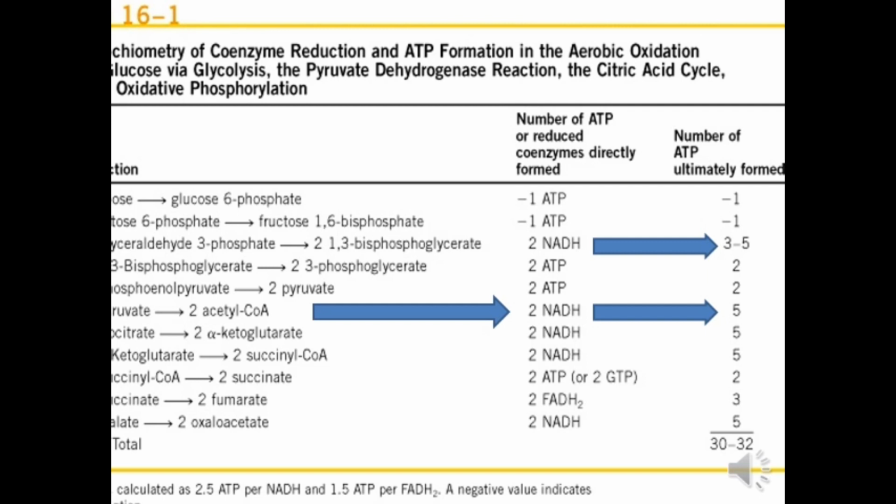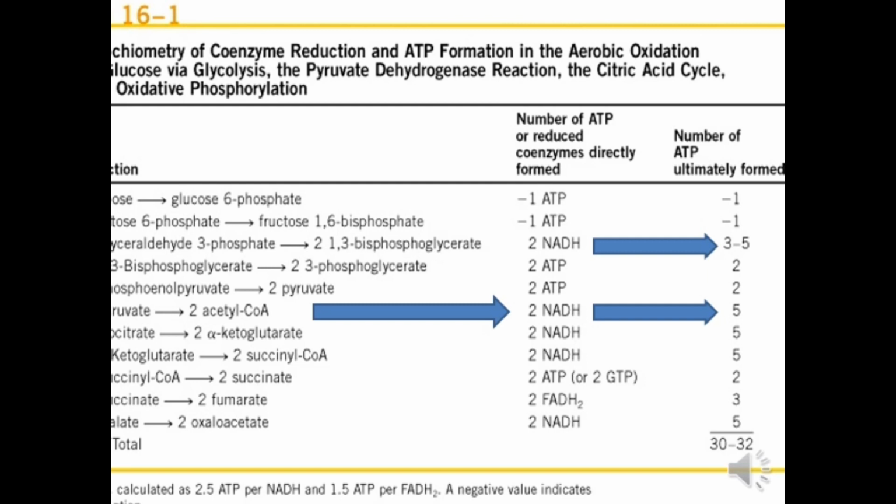If it enters the respiratory chain through the glycerophosphate shuttle, the total is 30, because we have 20 comes from Krebs cycle, and 5 which comes from pyruvate into acetyl-CoA, this reaction, and 5 which comes from glycolysis.